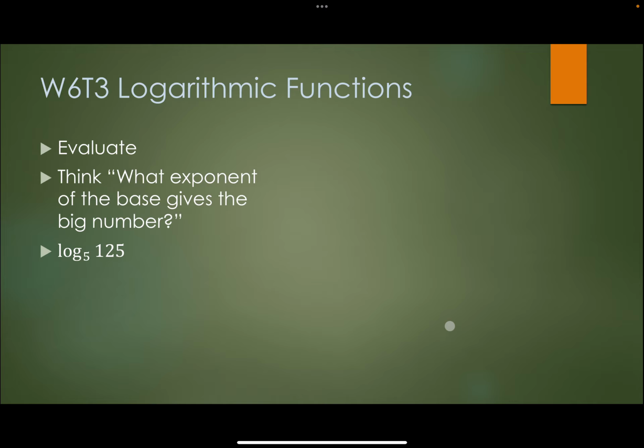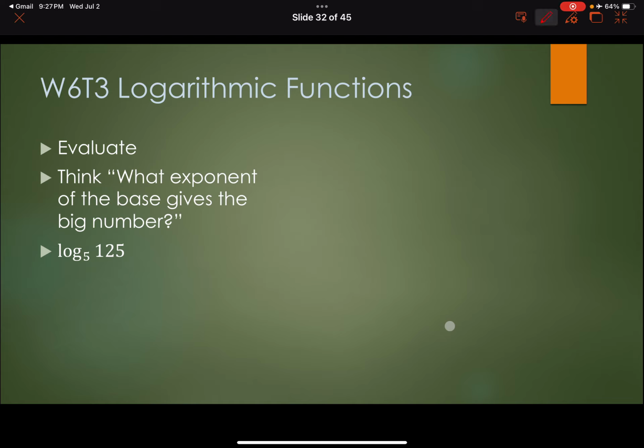What I like to do is say that this equals something. I don't really know what the something is, but it equals x. Then we change it out of logarithmic form into exponential form, which means 125, the big number, is equal to 5 to the x.